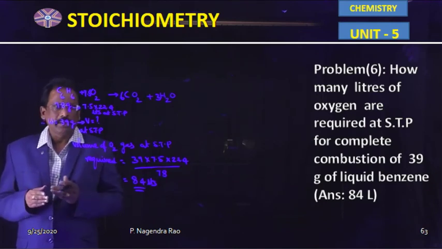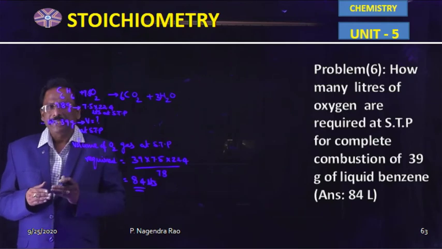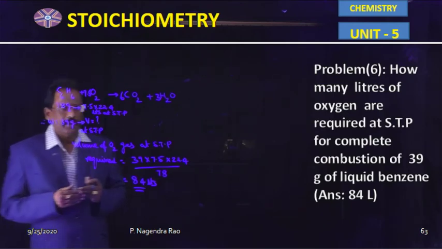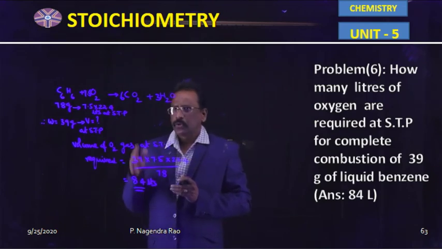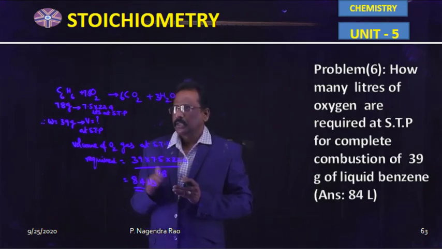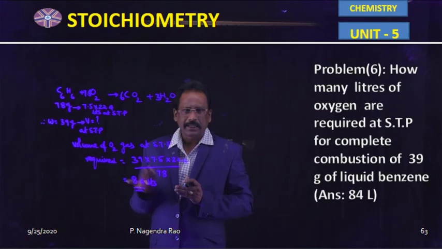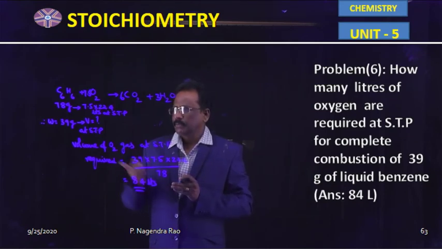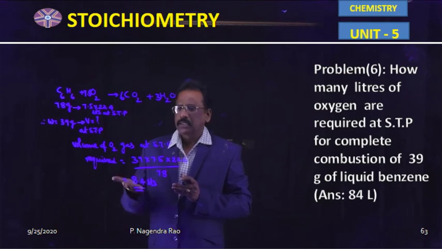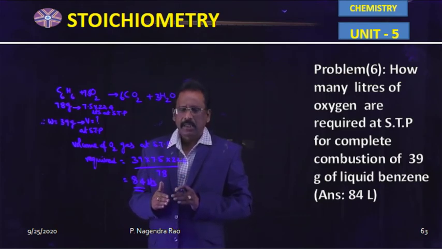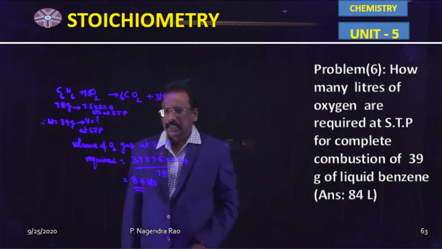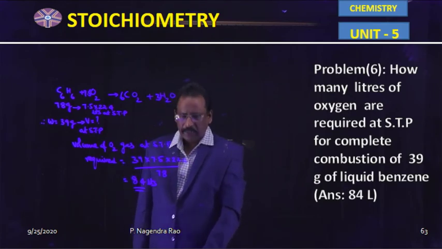So according to the reaction, 78 grams of benzene requires 7.5 into 22.4 liters volume of oxygen gas at STP. In this problem, 39 grams of benzene requires nearly 84 liters of oxygen gas at STP conditions.